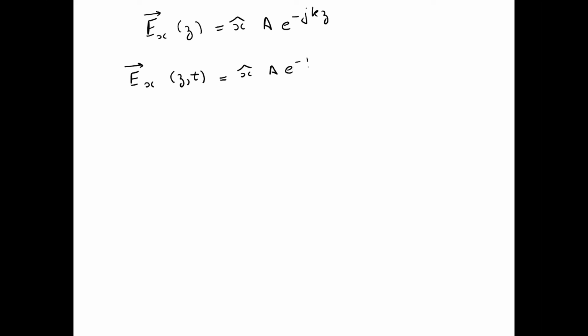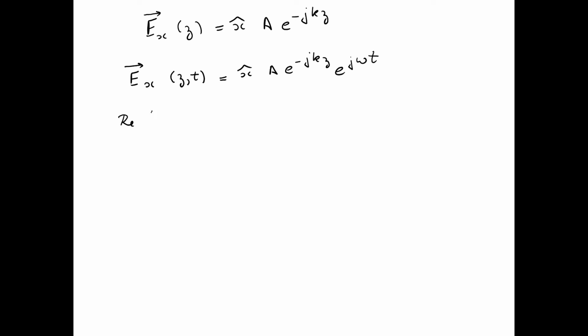What would the wavelength be? The wave is still traveling along z. At this point, the electric field is pointing in its direction. I have A e to the minus jkz, but that is just a phasor form, a form which we had defined earlier. We had only taken the space part of it. The wave in reality depends on z and t. Remember, we had e to the j omega t. This would be A e to the minus jkz times e to the j omega t.